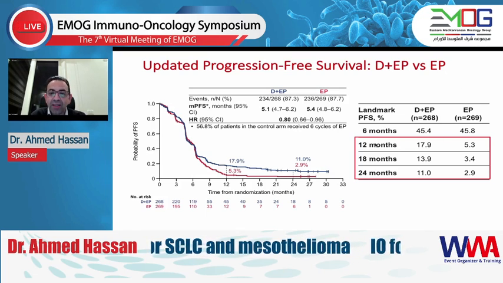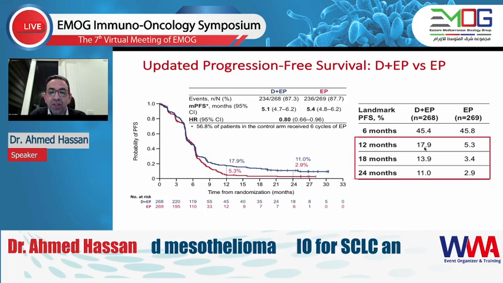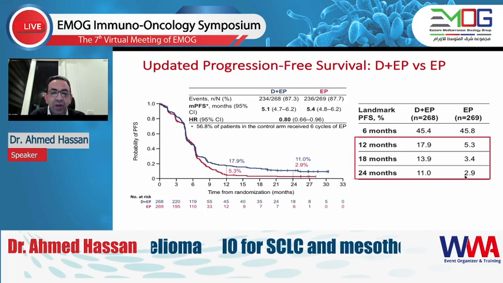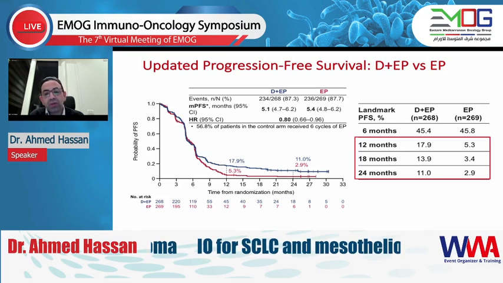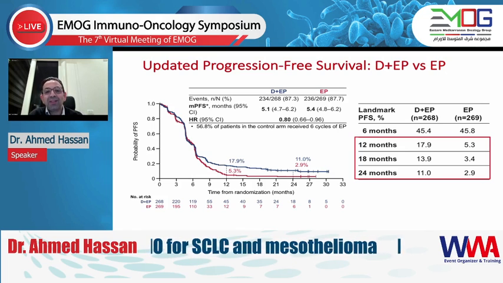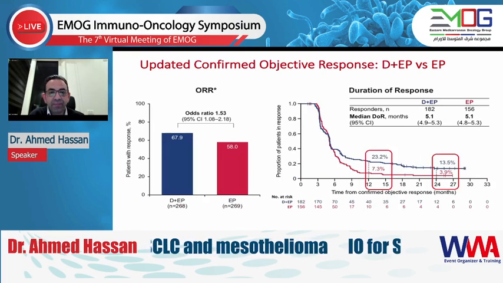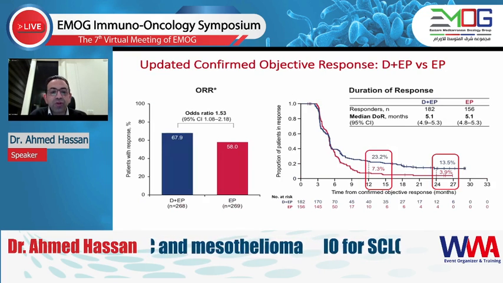So if you look at the time intervals down the line, you'll find that at 12 months, 17.9% did not progress versus 5%. At 2 years, 11% did not progress versus 2.9%. So those long-term responders are the ones who demonstrated the maximum benefit in terms of disease control and survival. What about response rates?